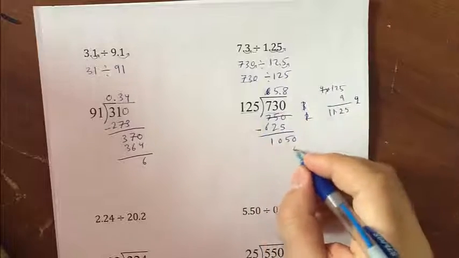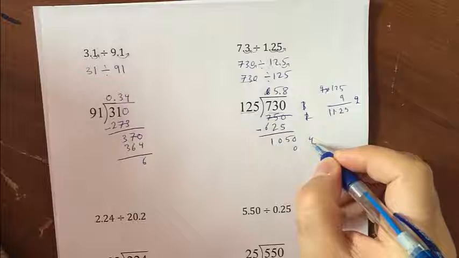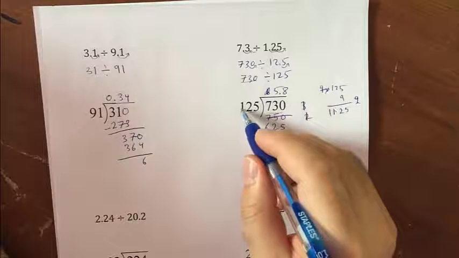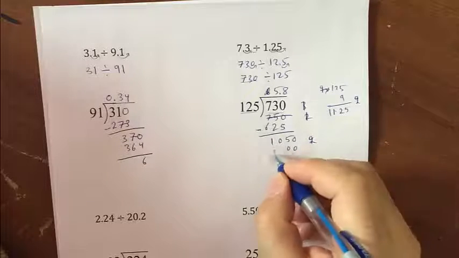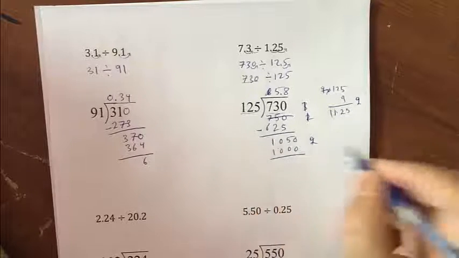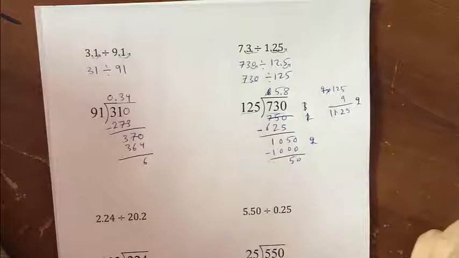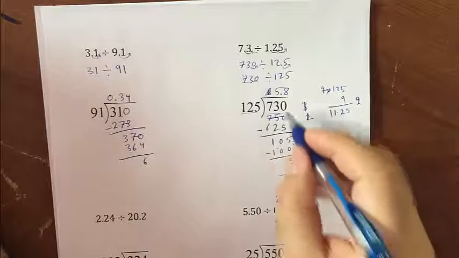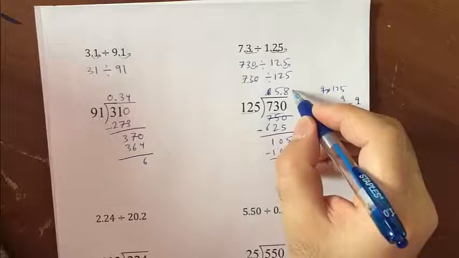8 times 5 is 40, carry over 4, 8 times 2 is 16, 16 plus 4 is 20, carry over 2, 8 times 1 is 8, 8 plus 2 is 10. So when you subtract it, you will get 50 remaining. Now if you want, because you have a decimal, you can add 1 0 here and continue.